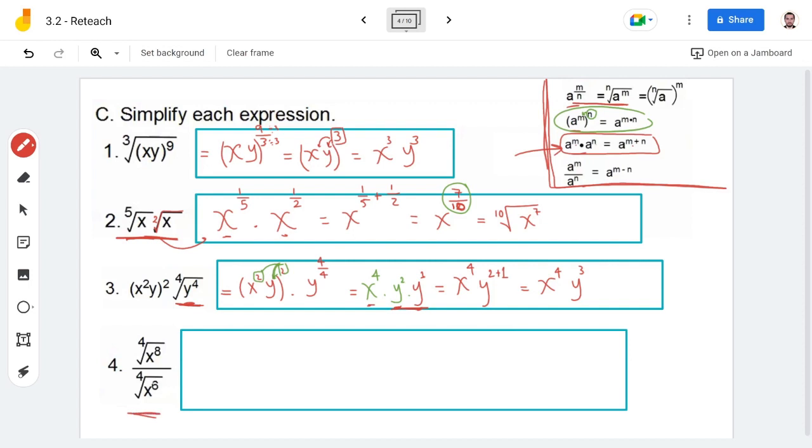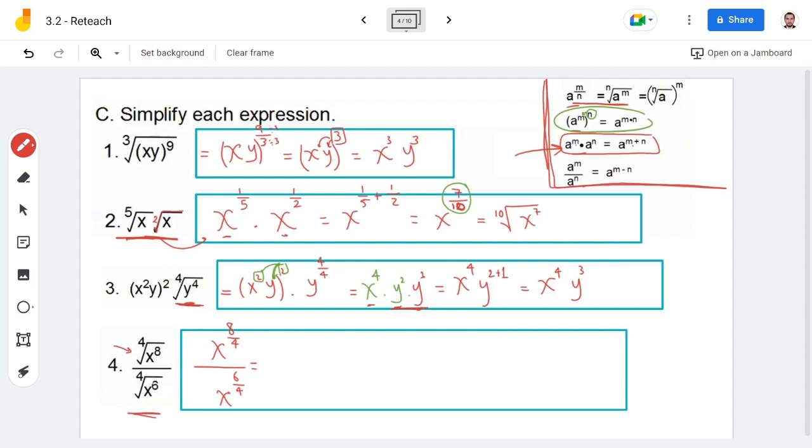Okay, let's go with this equation here. As you can see, we have two radicals, and we need to convert them to rational form. Let's start with the numerator and convert it to rational. It will be written as x to the power of 8 over 4, and here it will be x to the power of 6 over 4.